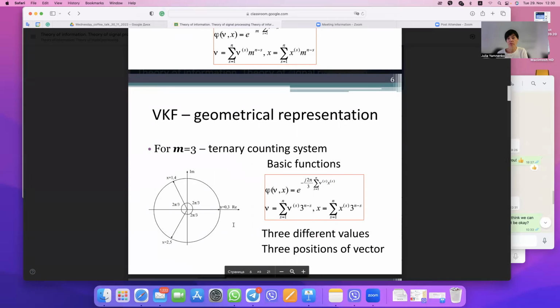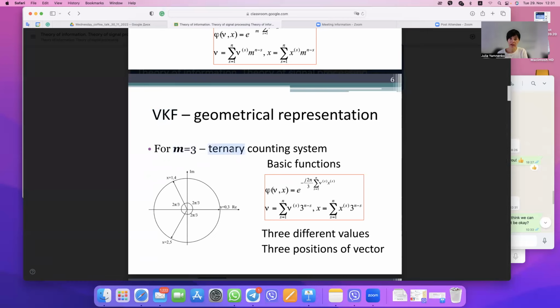Because if we visualize it in a geometrical interpretation, we have a complex coordinate plane with the real axis and imaginary axis, and the same expression for the basic function of Vilenkin-Christensen, in acronym VKF, Vilenkin-Christensen function. And let's assume that the base of our counting system is m equal to 3.